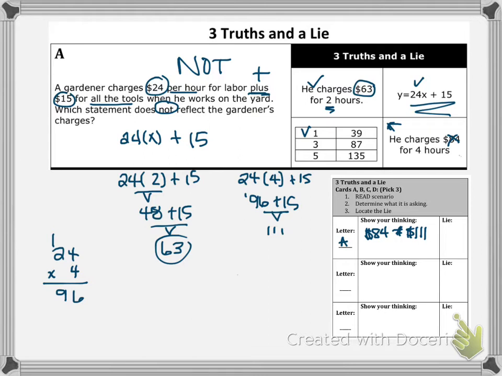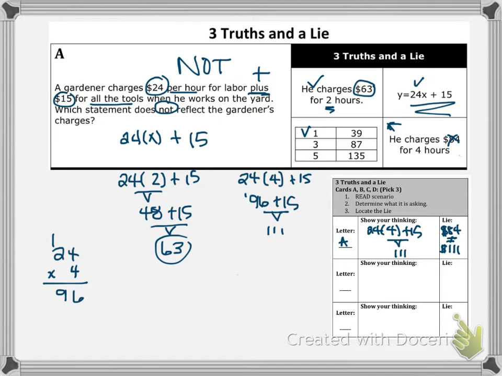That's where the lie goes. Show our lie: $84 not equal to 111. And showing our thinking, it's going to show that we plugged in here and that all of this equaled 111.